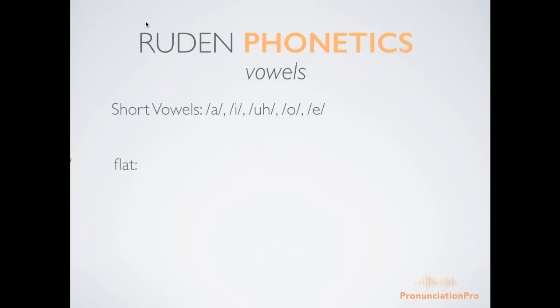But for now, let's practice listening for these individual vowel sounds. I'll say the word, and you either type in or think to yourself what the vowel sound is. So, flat.